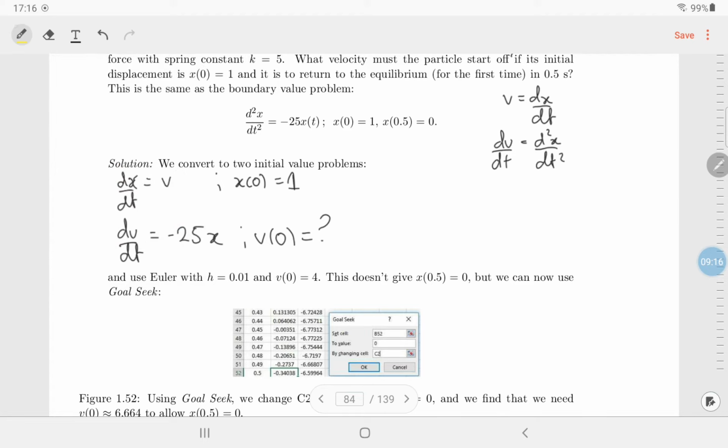So let's draw a picture. Here's x. Here's t. Actually, there's even a different value to pick, really. So here's the initial point, 0, 1. And after half a second, it's at 0.